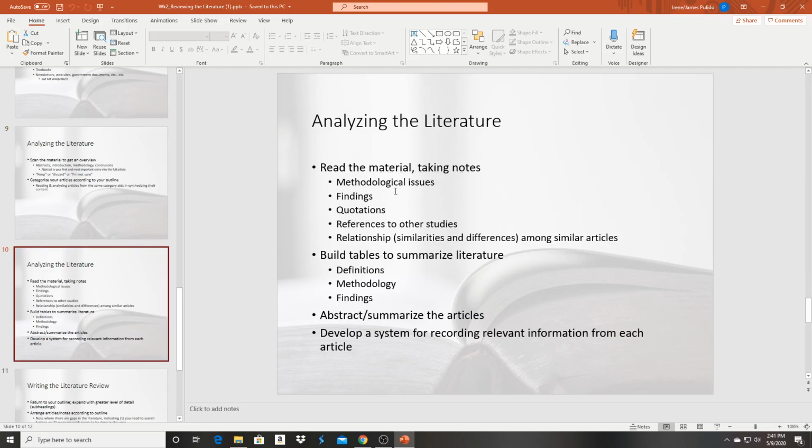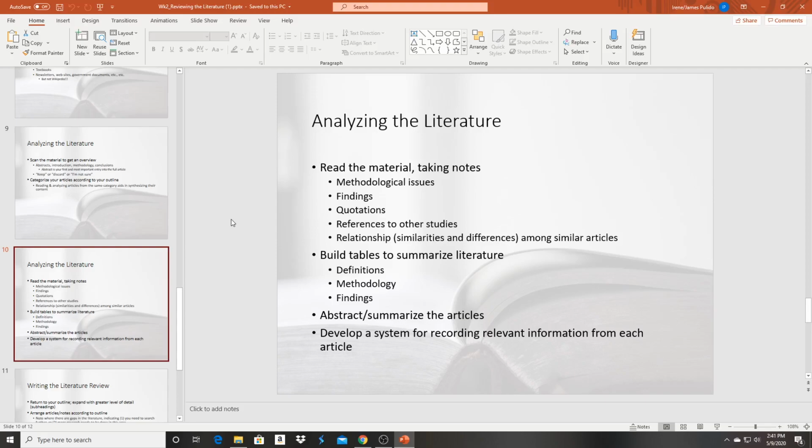Read the material, take notes. Don't read the entire thing. Scan it. Take notes that make sense, so when you pick up a book, you know why you have that book. That book touched upon this, and this. You have it all with your post-its, and then in your notebook, you have it all sketched out in outline form.